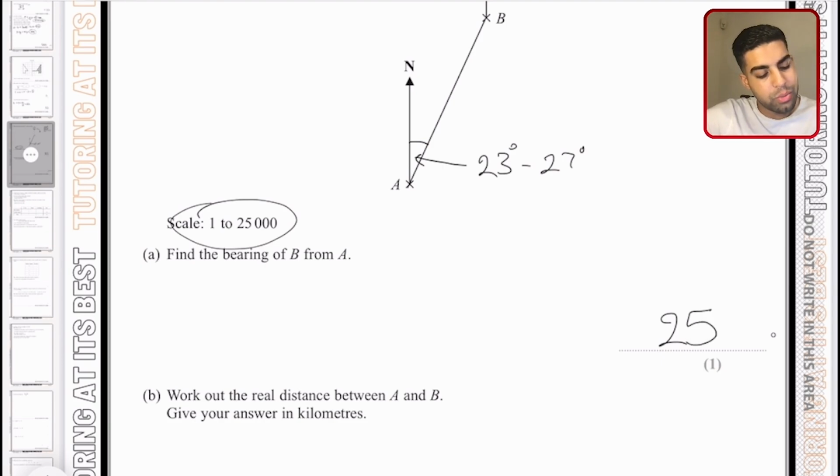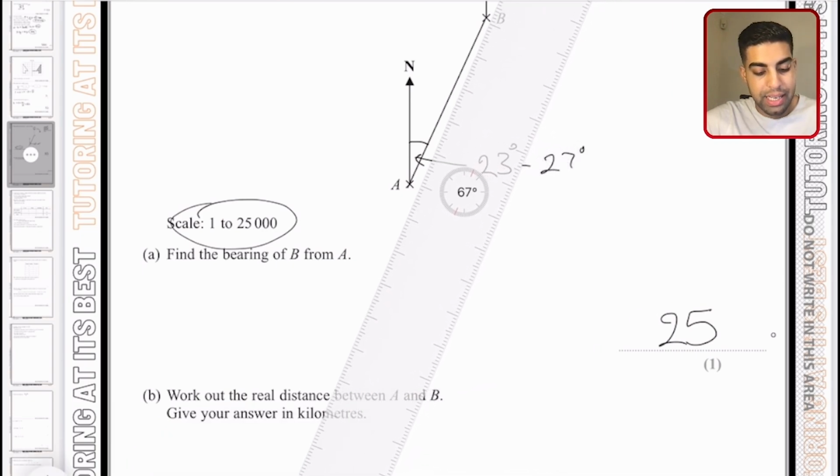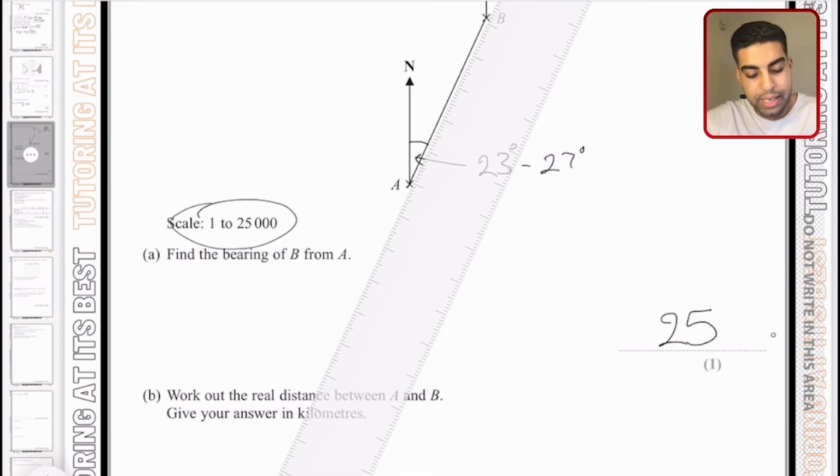But part B states work out the real distance between A and B. So again, if I go ahead and bring out my ruler, we don't have any points on here, but let's go ahead and imagine this is 1, this is 2, this is 3, this is 4, this is 5, and this is 6. So on my computer, it would be 6 centimeters.